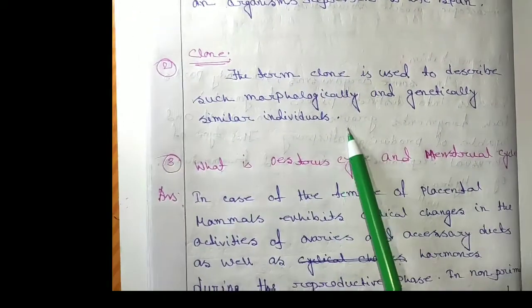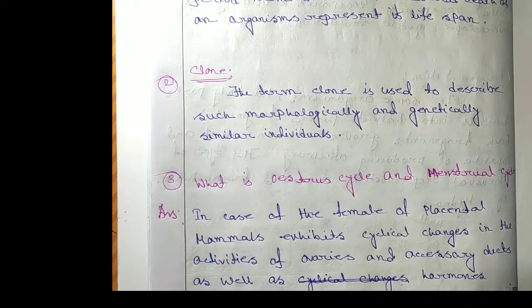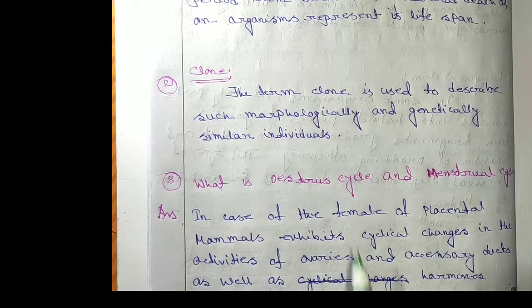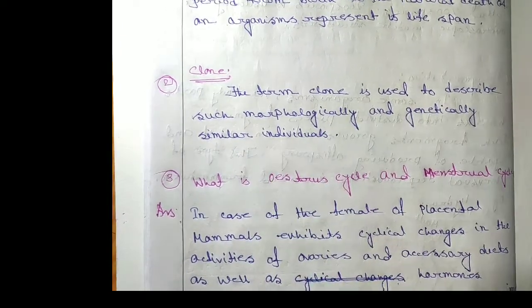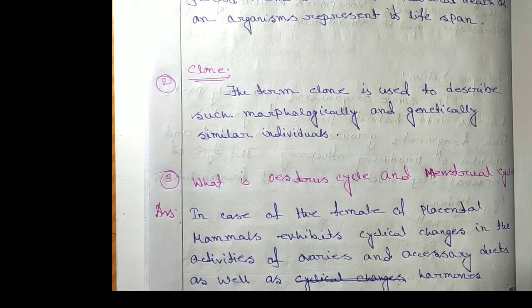Now the second question: what is a clone? Clone means individuals which are morphologically and genetically similar. The term clone is used to describe such individuals.